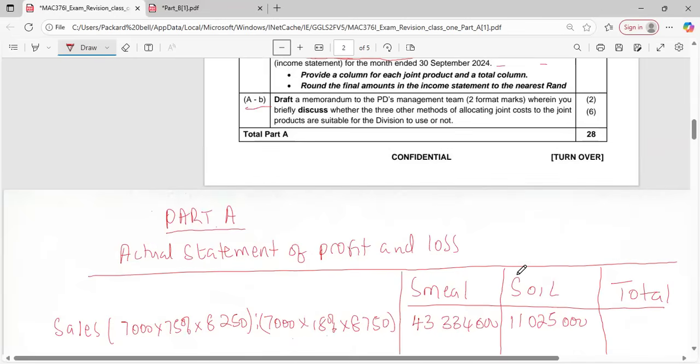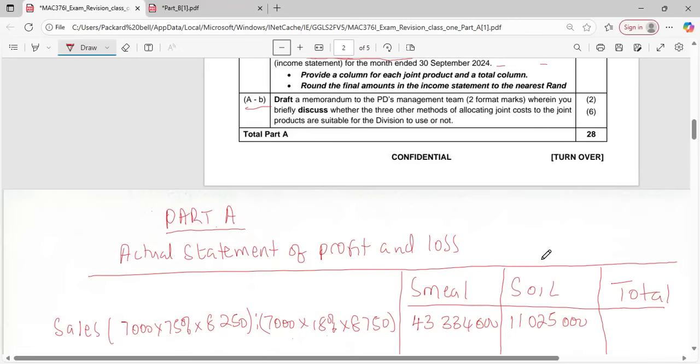Right. So in our next class, you should look at your parts C, D and E. Then when we are done there, we can go to our real Mac 3761 question paper.